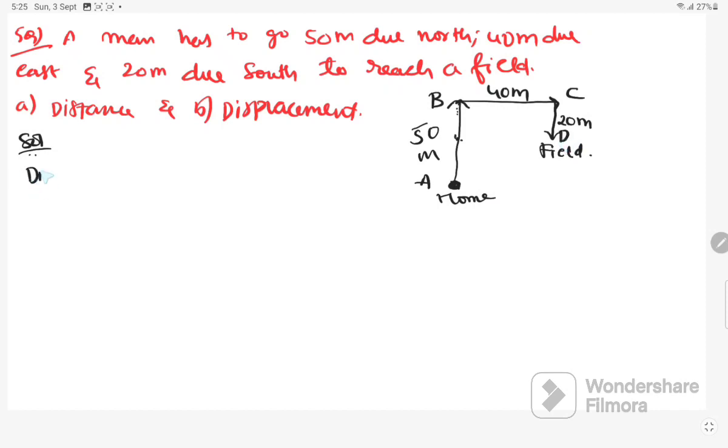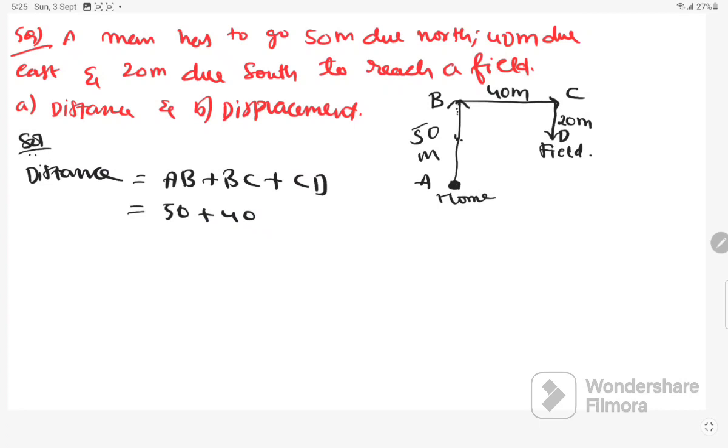Now, distance is nothing but total path traveled. That's what I said in the basic definition. So, what path did he travel? A to B, then B to C, then C to D. This is the total path traveled by the man. So, simply you have to add everything.